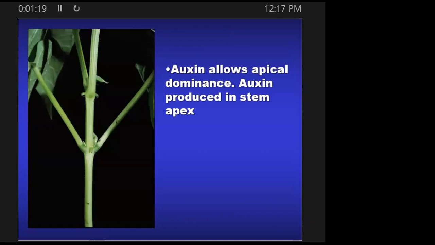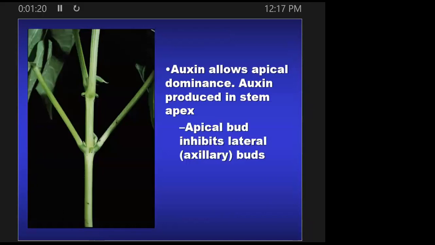Okay, one famous idea that has long been known about auxin is that it allows for this property called apical dominance. Here we're looking at a bean plant, and this picture got cut off, but at the tip of the shoot, the apical meristem, there's auxin being produced, and it's flowing down the stem.